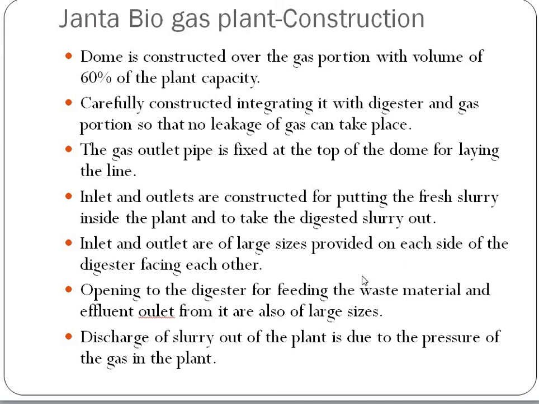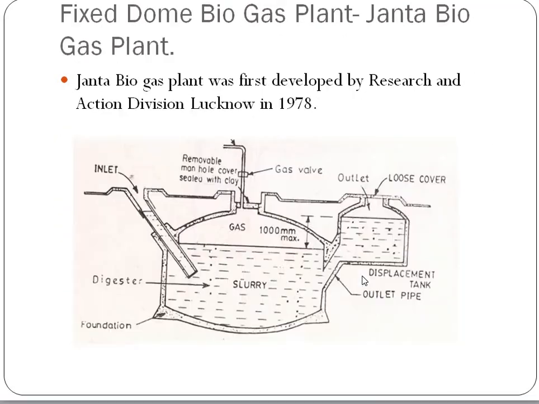Whenever slurry is poured in, 30 to 40% of the slurry comes out through the outlet, and because of the gas pressure also the slurry moves out of the digester tank.